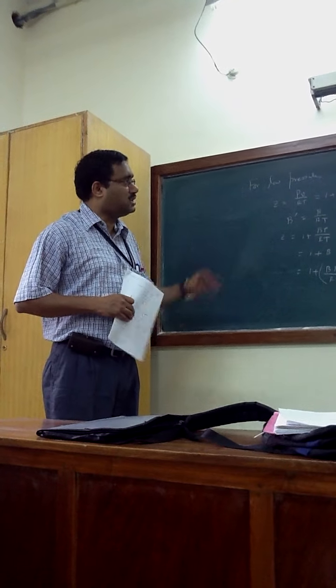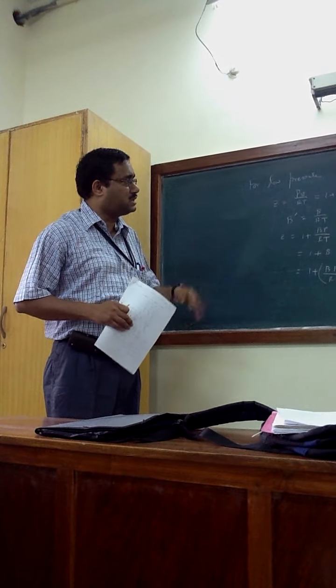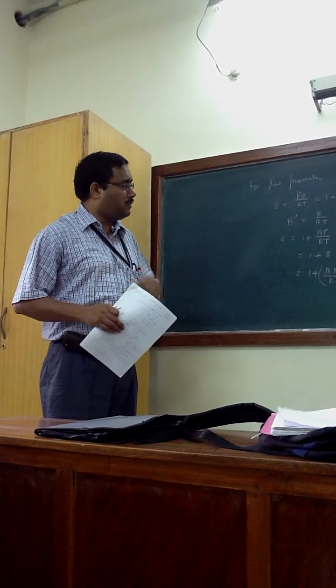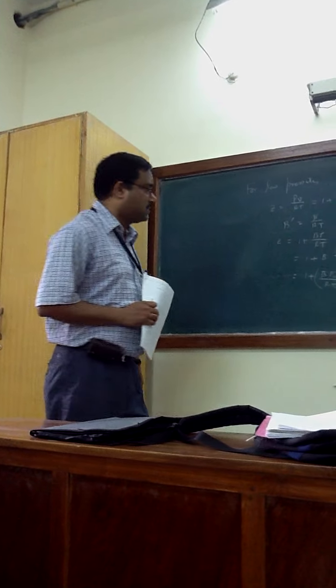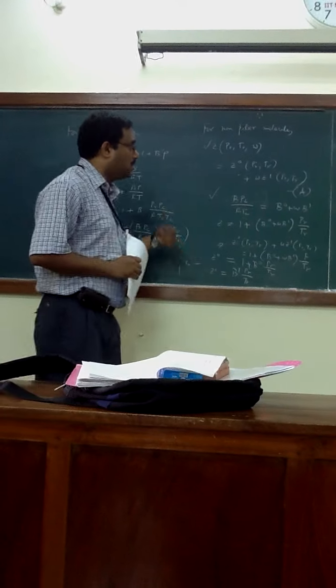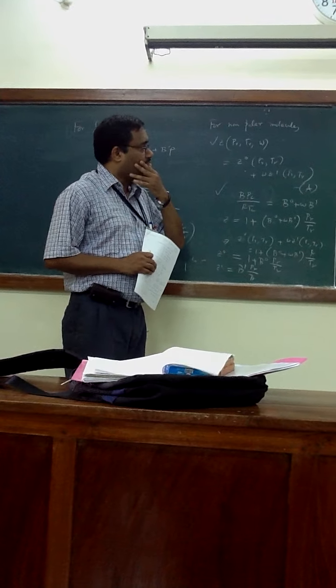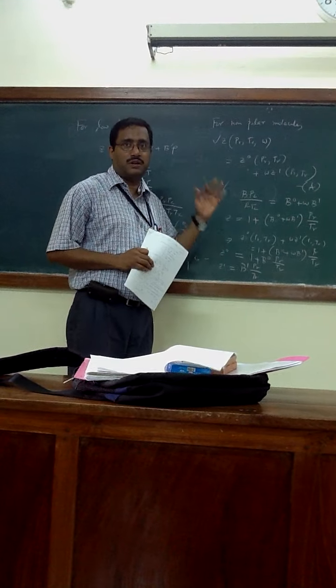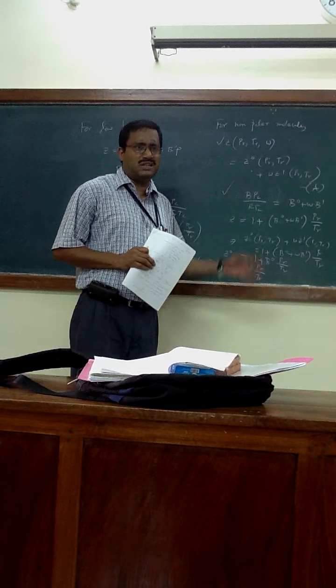These are obtained from some particular cases. These values of B0 and B1 will be given to you. If given, you can calculate Z0 and Z1 as a function of TR, for some particular cases. So this is one of the examples.